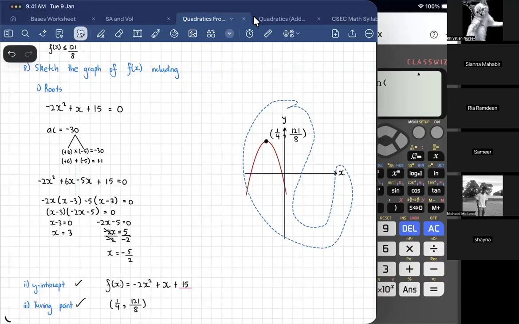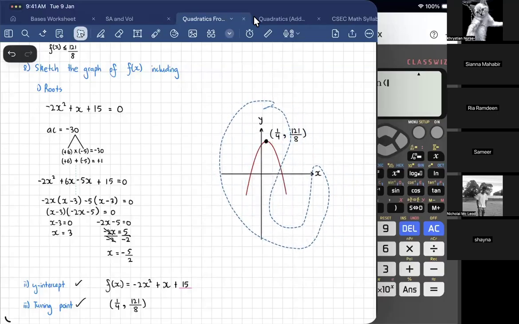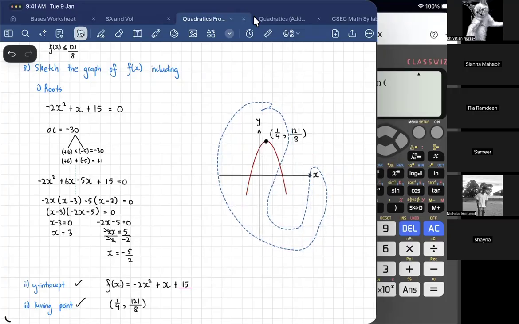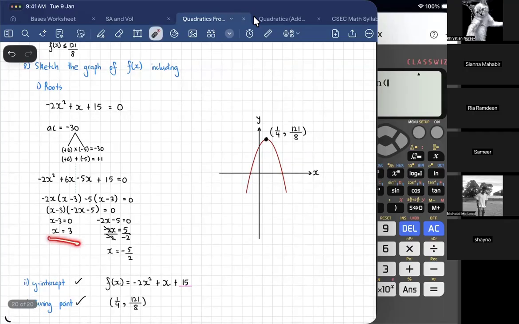No, sir. Okay, would this be correct? Yes, sir. Christian, I want you to tell me why you think that is incorrect. Because I thought it was too close to the y-axis here. No, that's fine. Remember, this is a sketch. The main thing you have to show them is that one of the roots is positive 3, so it's positive, and the other root is on the other side because it's negative. That's the main thing you have to show them.